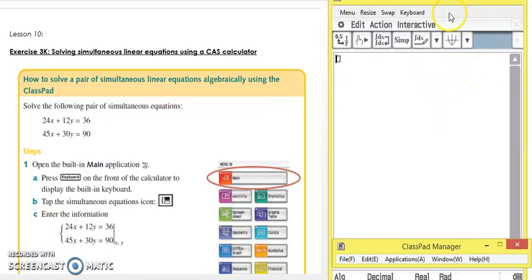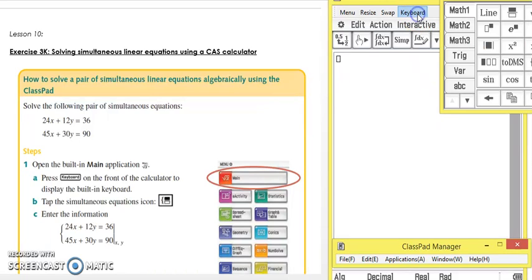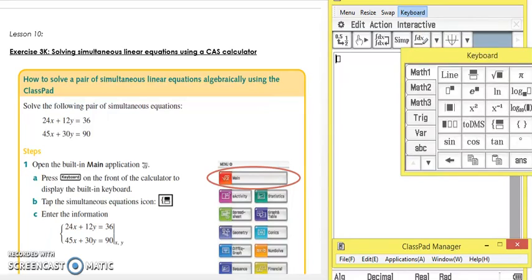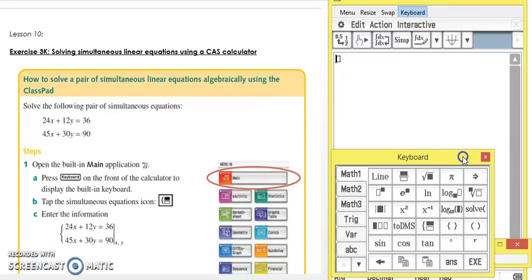So we are going to get our keyboards out. Go ahead and click on keyboard. Mine's on the top here, and it's a bit cut off, so I'll just drag it down here. In the option of Math 1, somewhere in the middle column, second last one, we have this function here. This is a simultaneous equations icon.